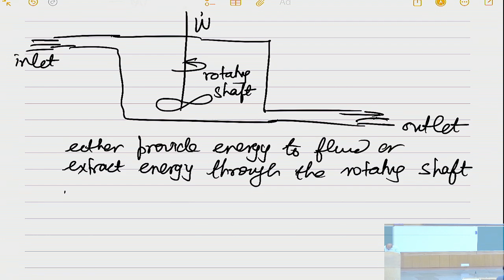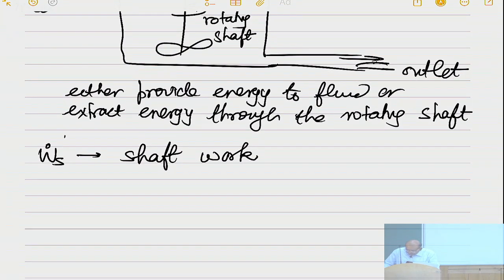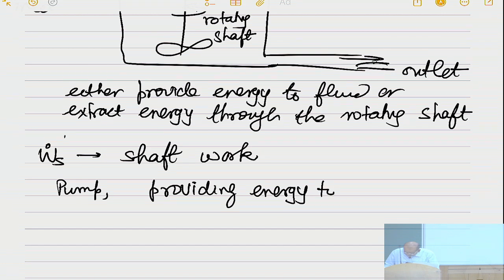So the rate of work done, W dot S, this is what we call the shaft work. Now if we have a pump, then we are providing energy to the control volume.